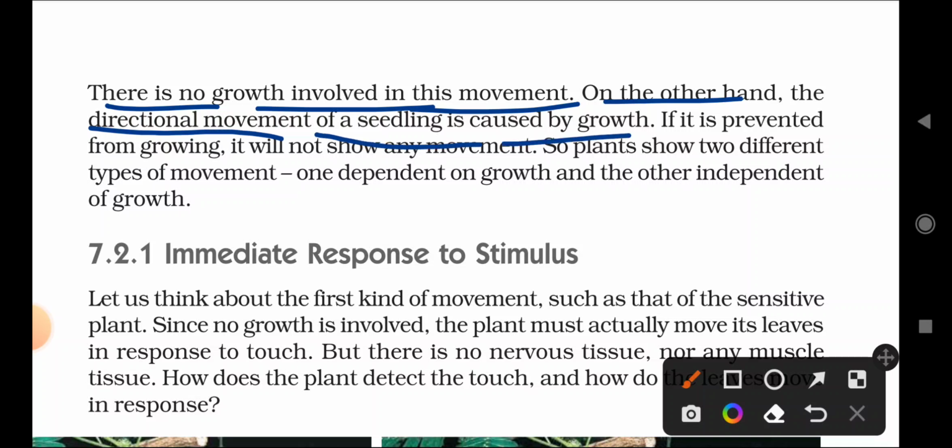The seed germinates, and then the stem comes up into the air. That is a growth-related movement.